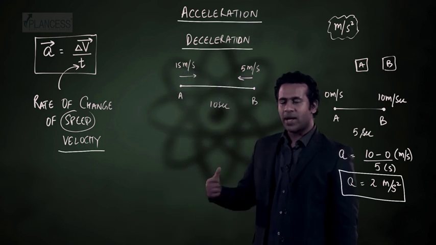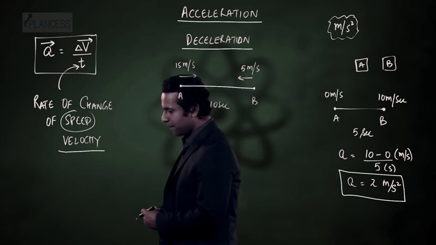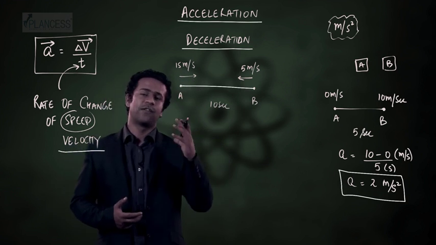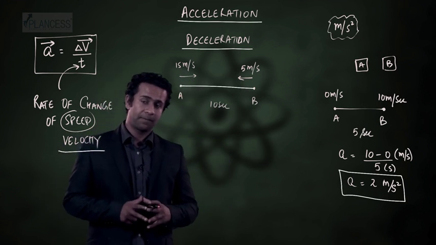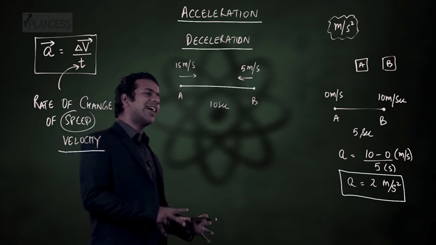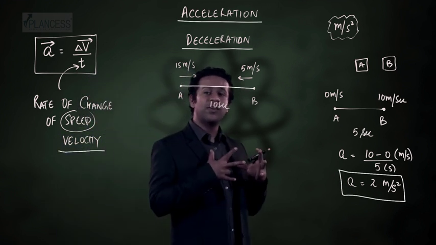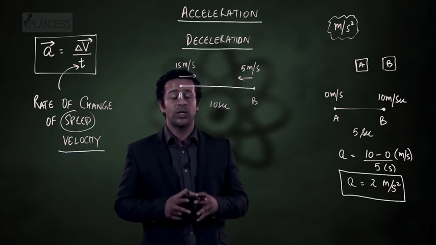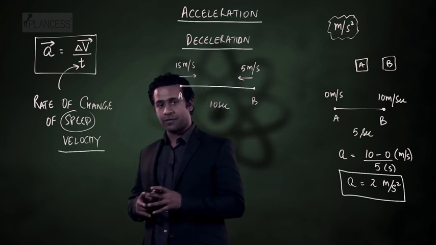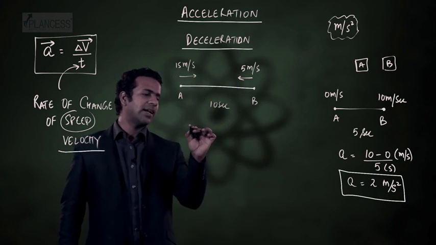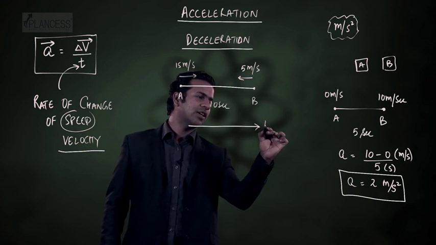In this case, once again we wish to find the acceleration of this particle. Since we are dealing with vectors, let's first decide a direction which we are going to take as positive. So let's say that this direction is positive.